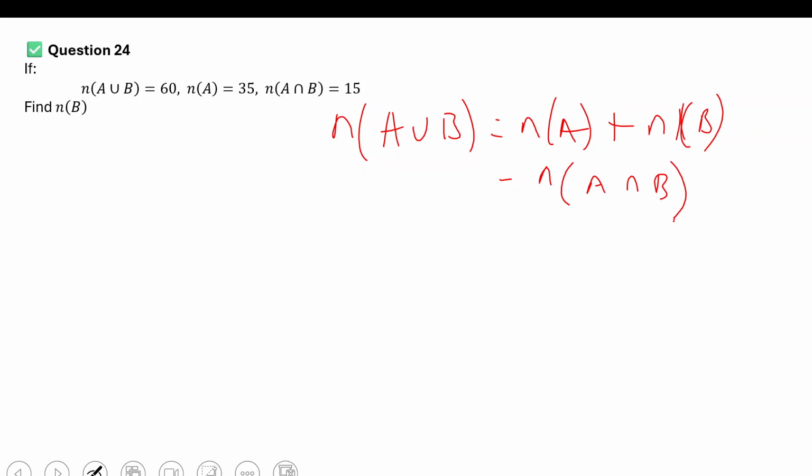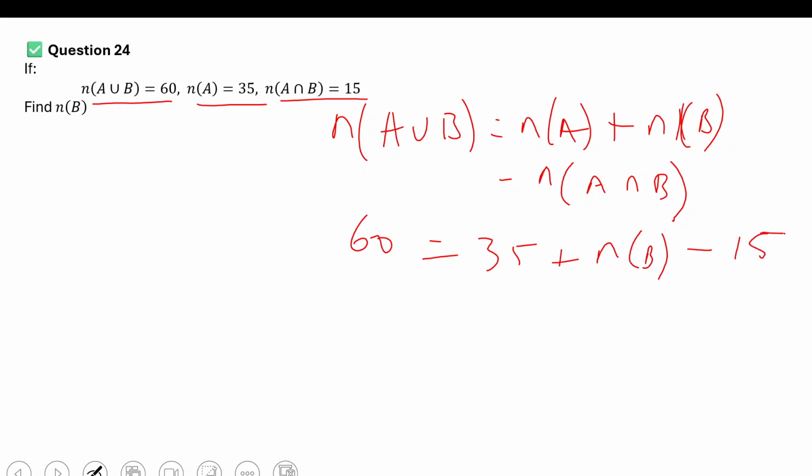So I'm given this one as 60, the number of A as 35, plus the number of B is unknown. I'm looking for it, but the intersection is 15. So again, this is an equation.